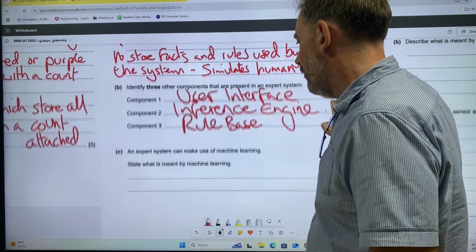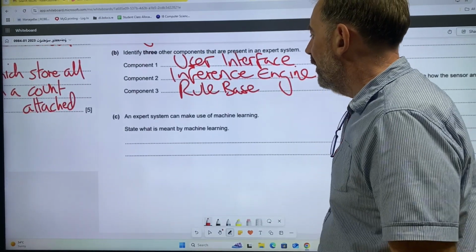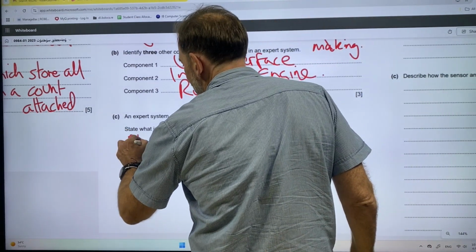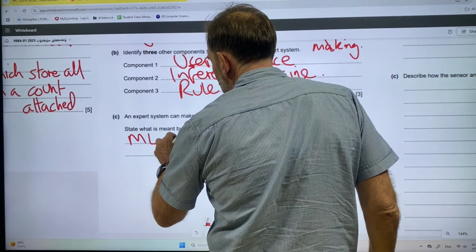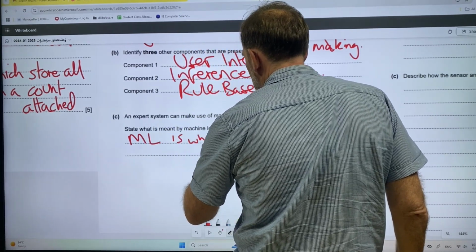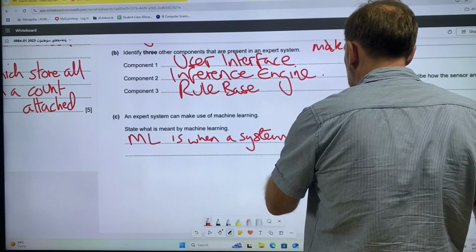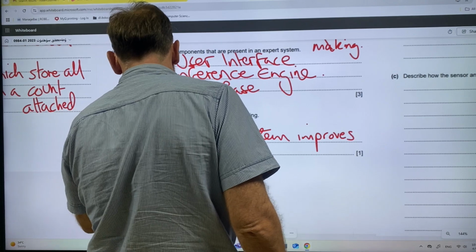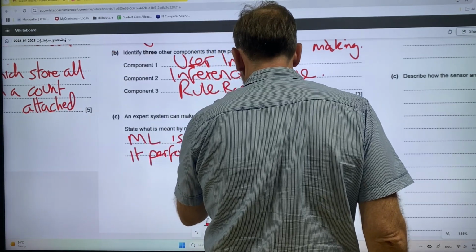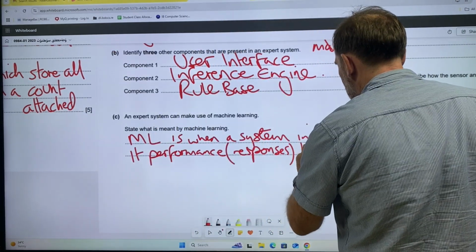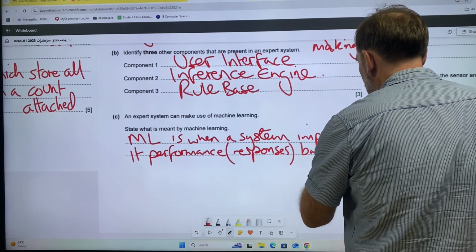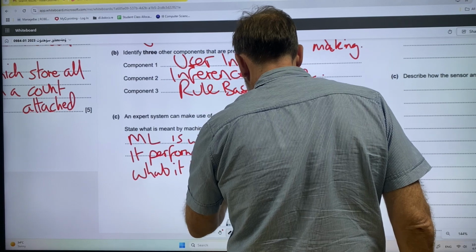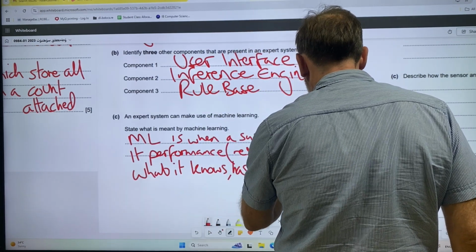Here's four marks. An expert system can make use of machine learning. State what is meant by machine learning. ML, machine learning, is when the system improves its performance or responses based on what it knows, has learnt already.